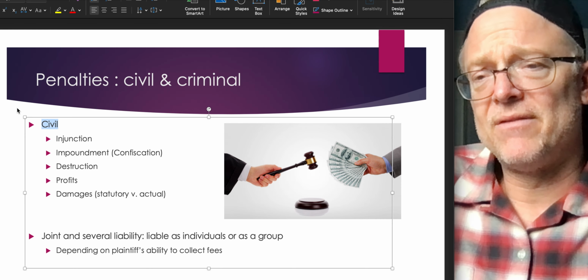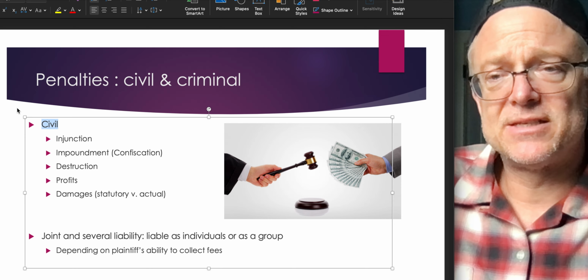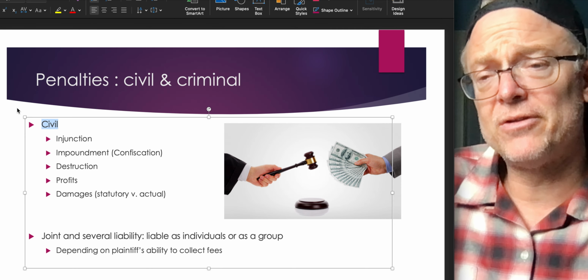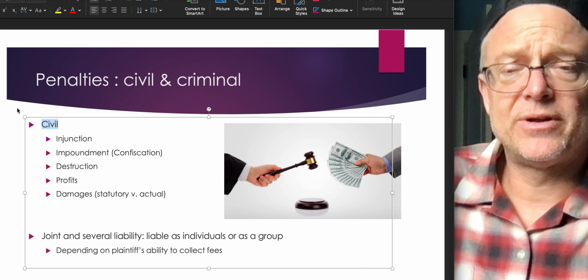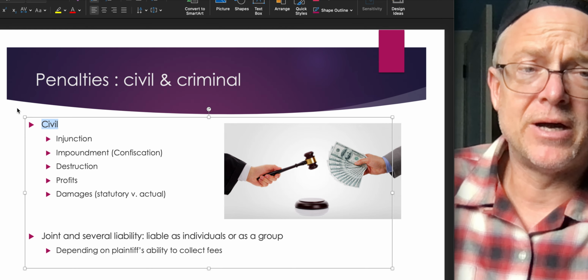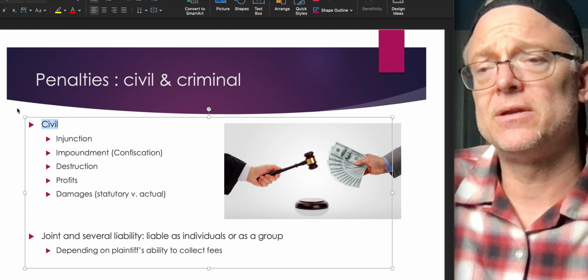But what you can have, as I mentioned, is injunction, which is that cease and desist, stop the distribution. You can have impoundment, so you're confiscating the materials that are being sold or the equipment that's used to do the duplication.